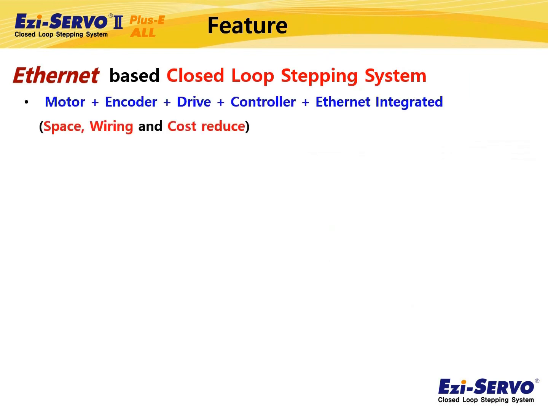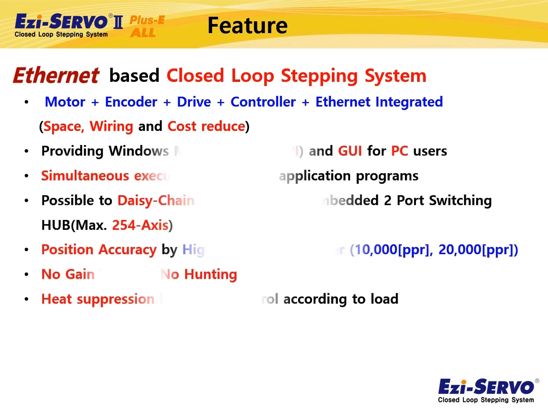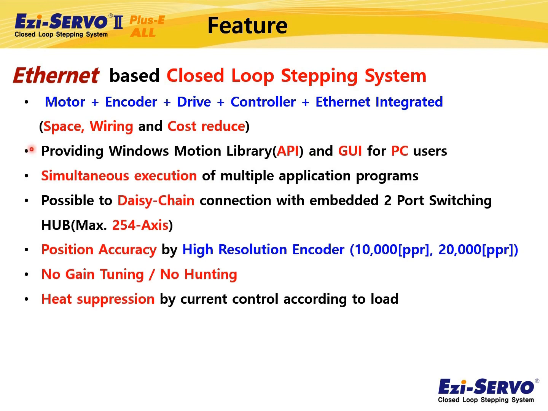Since the drive is attached to the motor, there is no need to wire the motor and encoder cable, and there is no need for a separate control box for installing the drive. Saving space and reducing wiring can result in cost savings. It has features in common with other Fastech Plus-E products mentioned before. And you can choose from two connector options, M and RJ45, and 4 motor sizes.